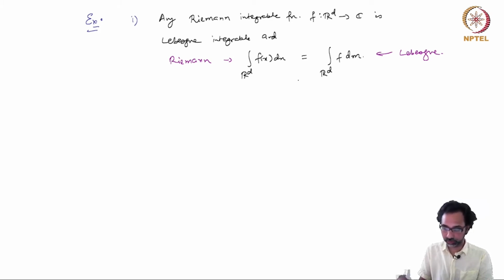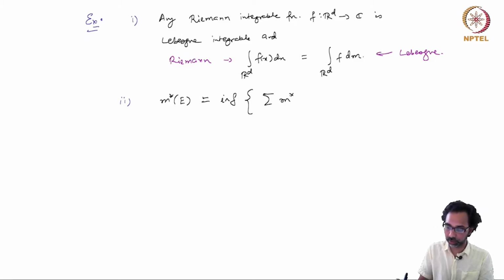So that's the first one. The second point is that m*(E), the Lebesgue outer measure, can be written as the infimum of sums of m*(U_j), j equal to 1 to infinity, such that E is a subset of the union of U_j's, and each of the U_j's is open.